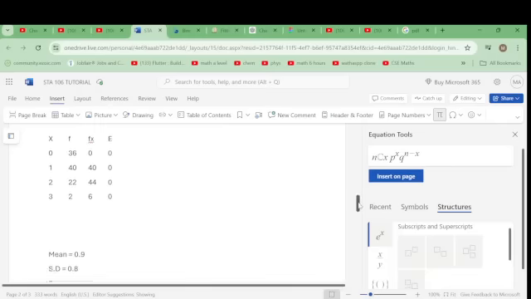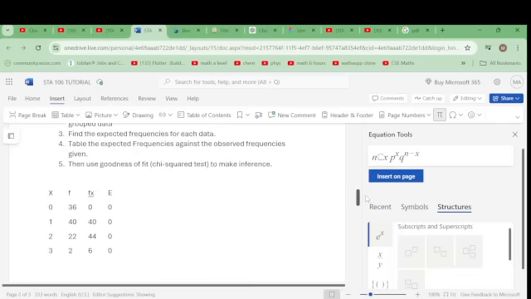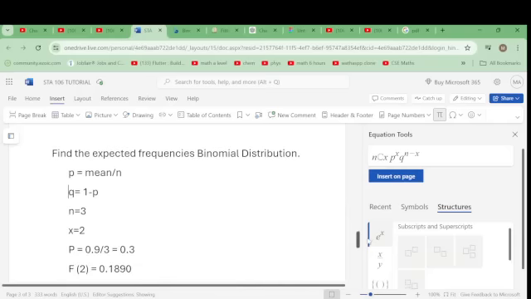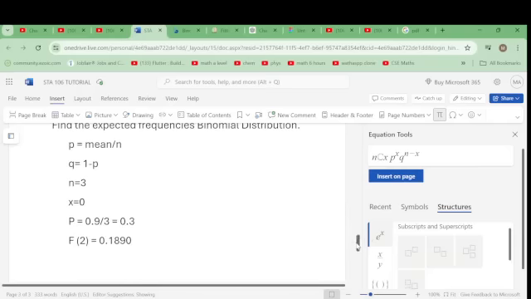Let's just find it for everything. We will do this example completely. So x equals 0 instead. X equals 0. Now let's find our p. After you get your table and your data, you are finding the expected frequency, and we are working on a binomial distribution, right?